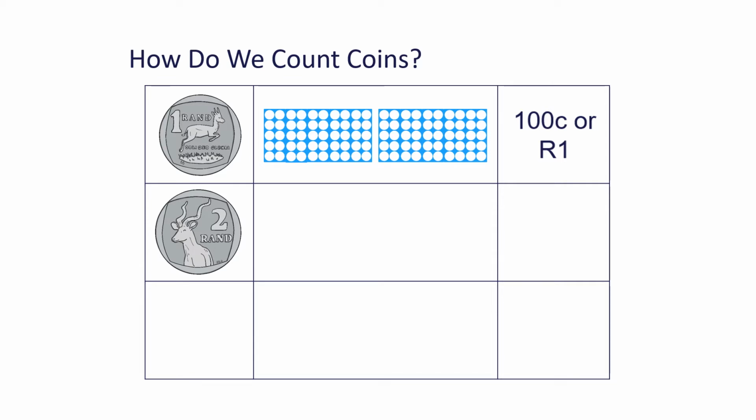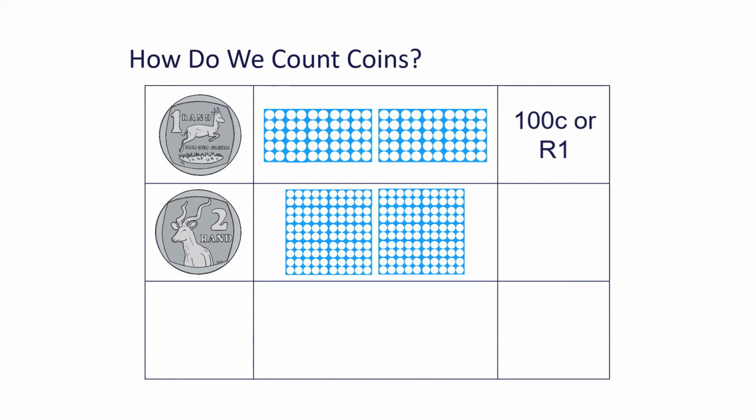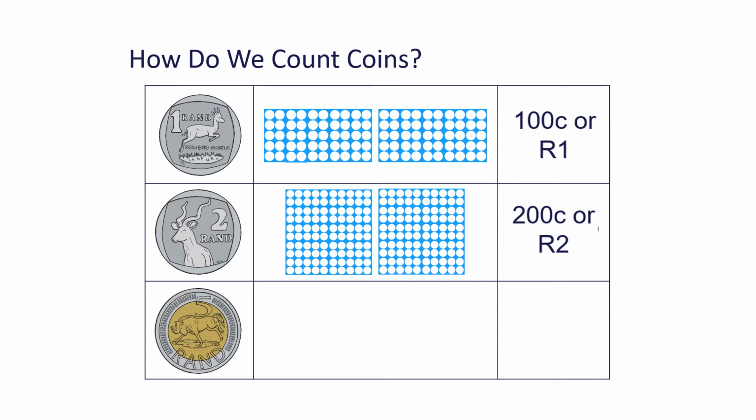If 1 rand is 100 cents, 2 rand is going to be 200 cents. 200 cents or 2 rand, but I'm sure you've guessed it. The easiest way to count 2 rands is to count in 2s.